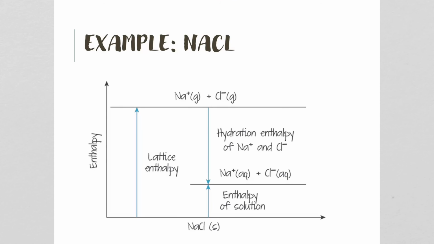If we look at the energy cycle for sodium chloride, you can see that the lattice enthalpy is right here, and it's equivalent to these two summed together. So these two are equivalent values.